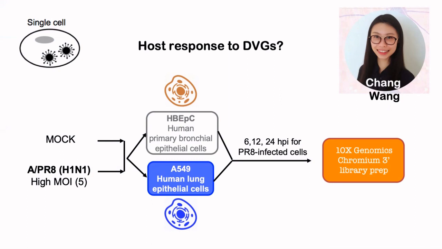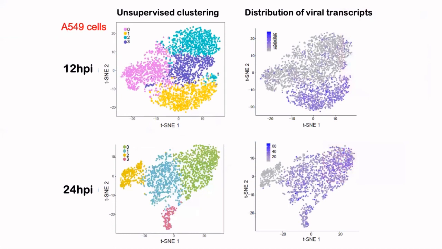And then she collected samples at multiple time points post-infection. And what we wanted to see initially is how homogeneous the infection is in these cells, the response of the host. And what we capture at the same time are both the host response to the infection in each cell, and also the number of viral transcripts, messenger RNA of viruses, that we see in each of these cells.